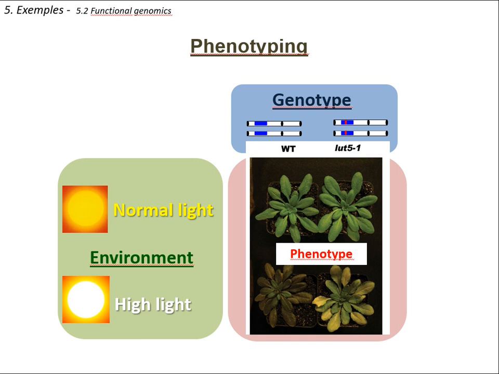But if you change the environment with photonic stress in high light, then you will see that the wild type is able to synthesize a pigment to protect itself. This is a carotenoid in this case, while the mutant is unable to do that, and it's bleaching instead of getting red or brown. So the phenotype depends, of course, on the genotype, but might be expressed only in certain environments.